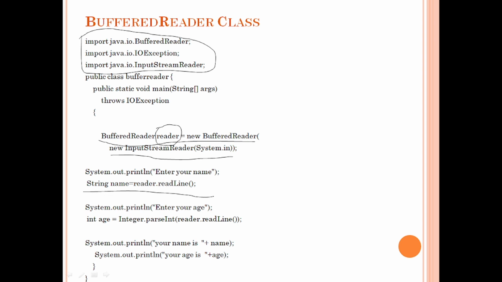So int age equals Integer.parseInt(reader.readLine). Using reader.readLine, we take the input as a string, and using the Integer.parseInt method, we convert it into an integer value. In the same way, we can print the variables name and age.